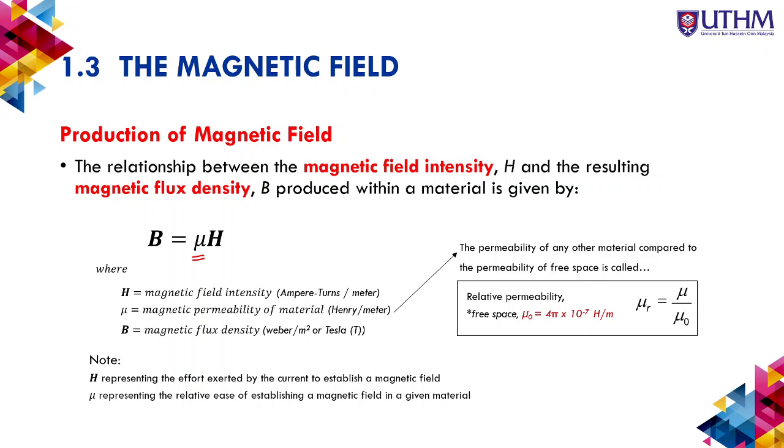The permeability of free space is constant. For example, when we do calculation, you get that mu r of steel is equal to 2000. What does it mean? It means the magnetic flux can flow 2000 times more flux compared to free space.